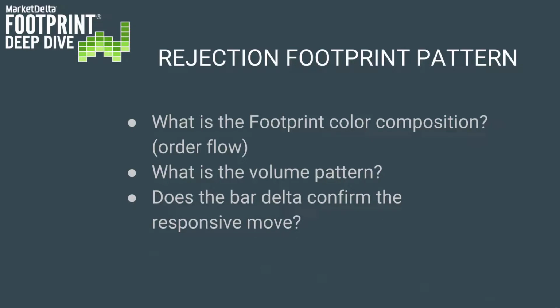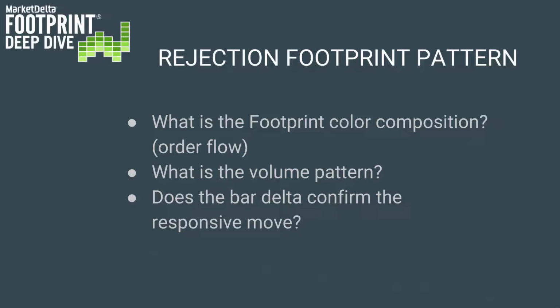What is the footprint color? What is the footprint color composition, the order flow? These are the questions you should ask yourself when you look at these things on a footprint. What's the volume pattern? I just kind of showed you that. Does the bar delta confirm the responsive move?